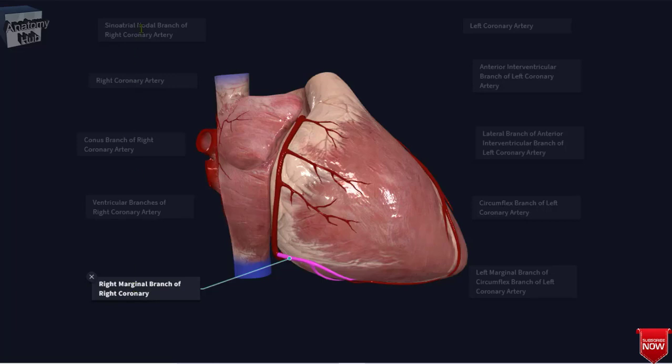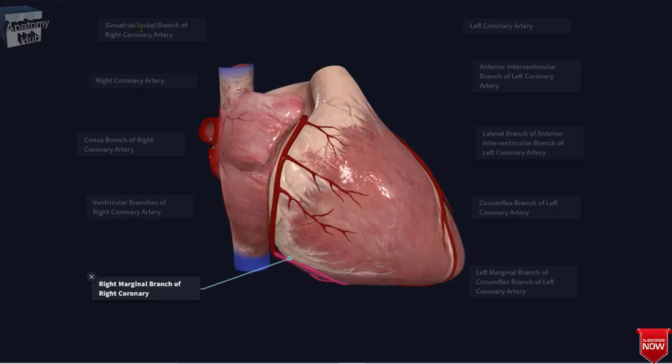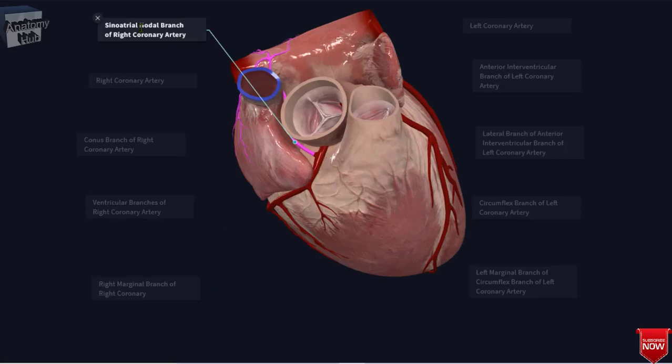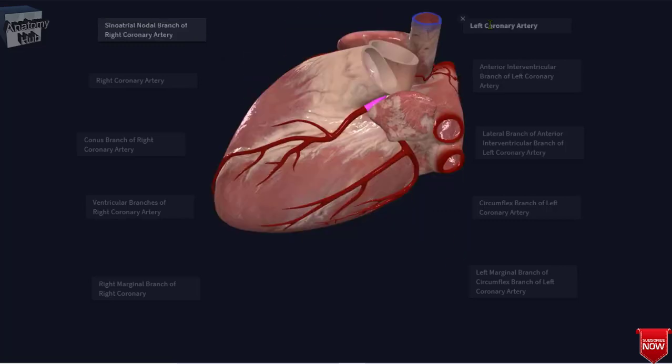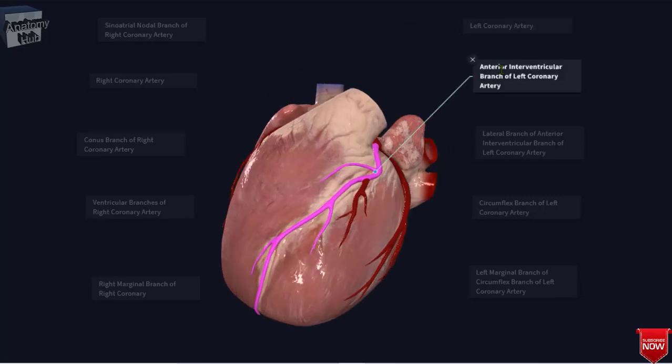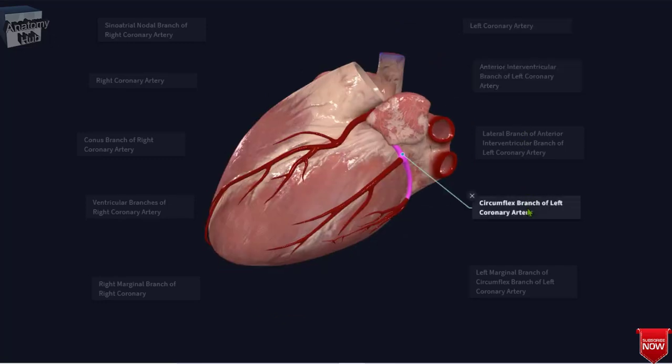Also, here you will find the sinoarterial branch of the right coronary artery, and here you will see the left coronary artery which gives the anterior interventricular artery and the circumflex branch of the left coronary artery.